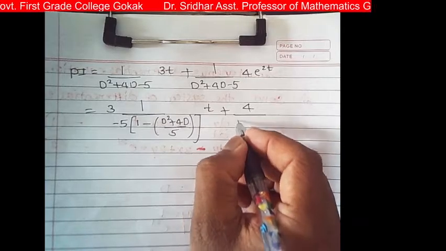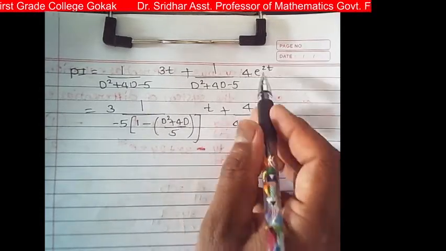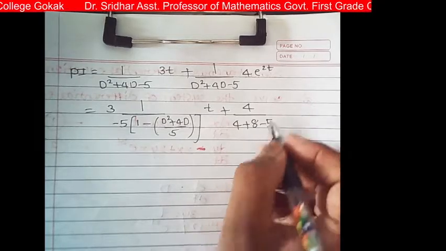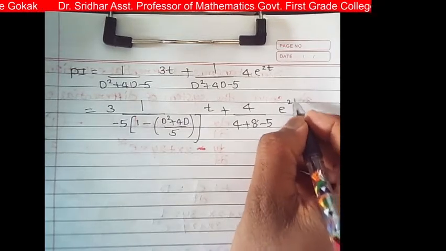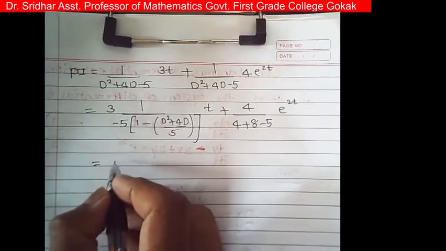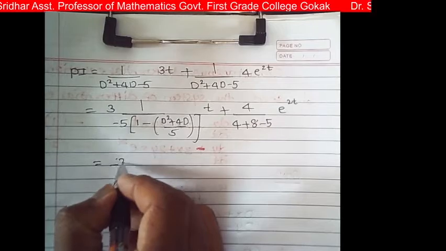So 2 square means 4, then 4 into 2 is 8, then minus 5, then e raised to 2t as it is.